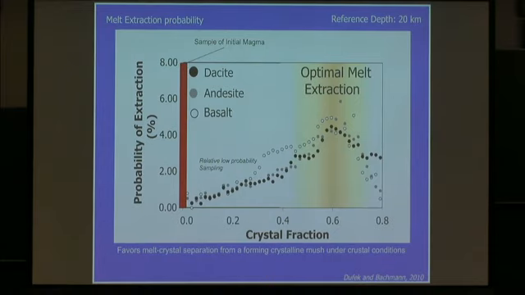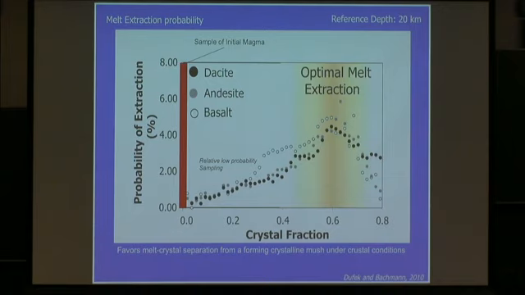Okay, this is just showing one set of example calculations. The way I would interpret this probability of extraction, this is our initial magma, that little red bar. This is all written in terms of crystallinity. We get this curve for different viscosities of magmas that are overlapping each other. Notice that there's no time on this curve, because I've collapsed everything by integrating over all time.